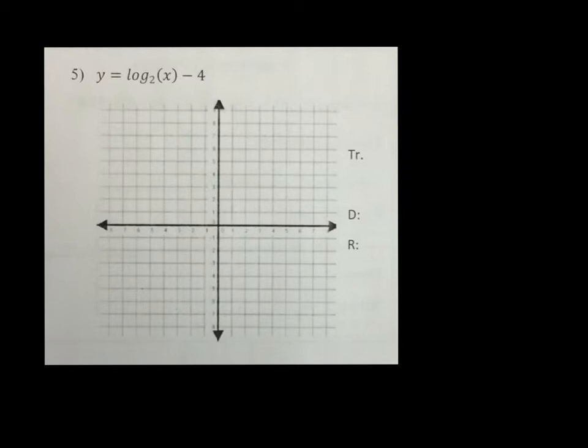We are halfway done. We are on number 5 now. And see if you can guess what this one would be before we actually talk about it. We have log base 2 of x minus 4, and the minus 4 is outside of our parentheses. And that's going to mean that our only transformation is that we are going down 4 units.